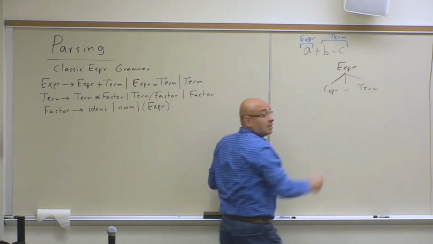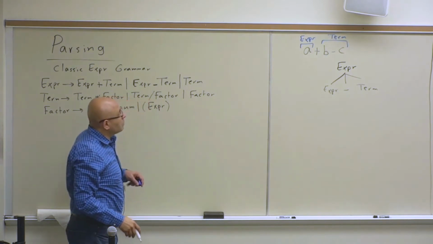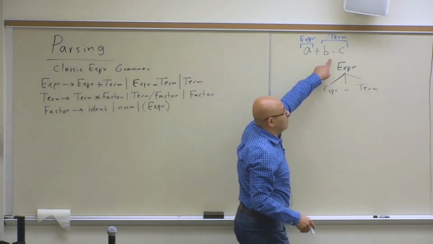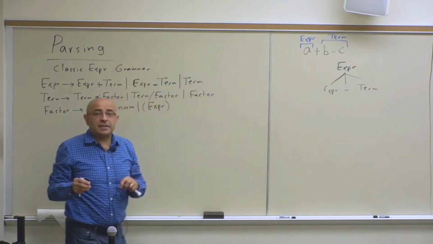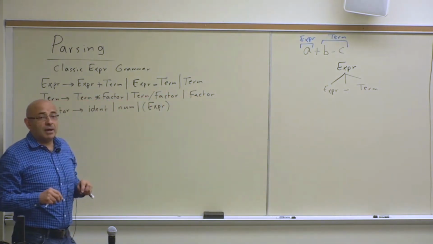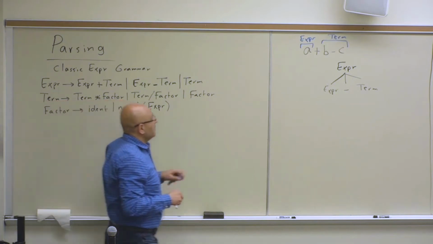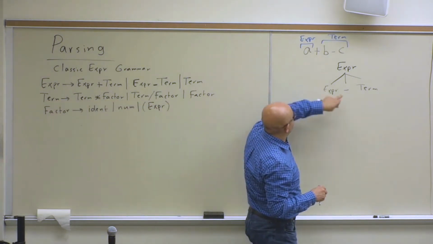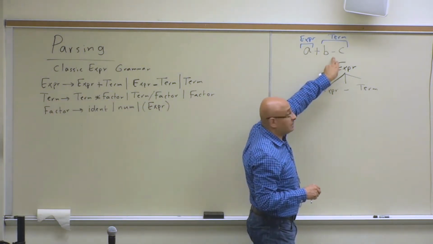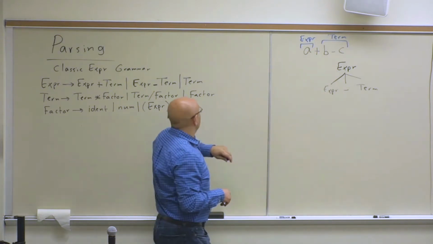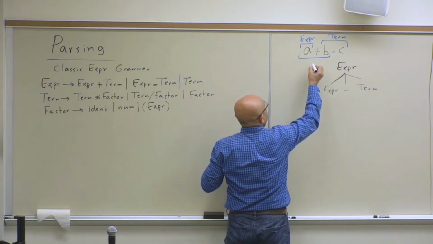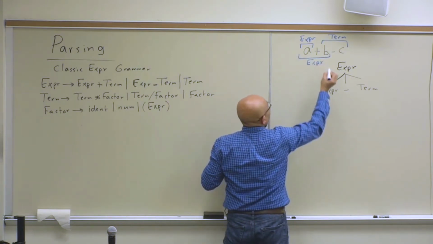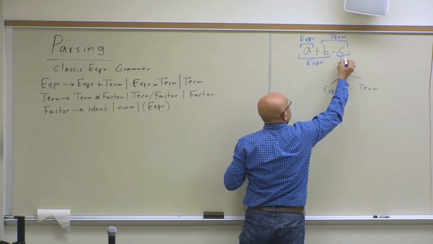No, it will not work, because this is not a term. This is two terms. So you said, okay, then expression minus term is the right substitution, because I can think of this as an expression and this as a term.